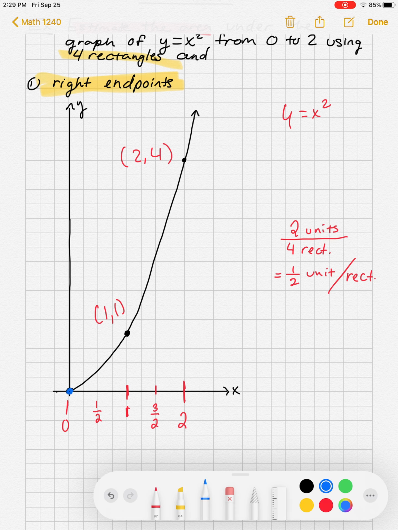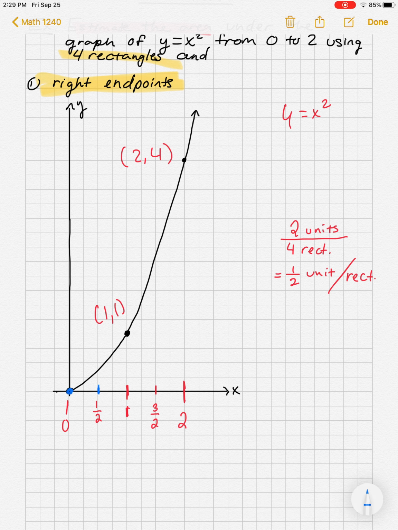All right, so I start then at a half. Here's where the rectangle starts, and I go to the right endpoint. So that's where that rectangle ends. So let me label that point. So what is f of a half? That'd be a half squared, right? A quarter. So the height of this rectangle is a quarter.